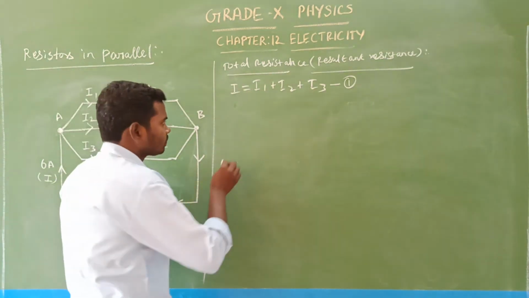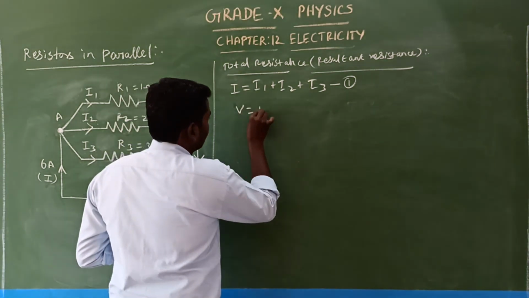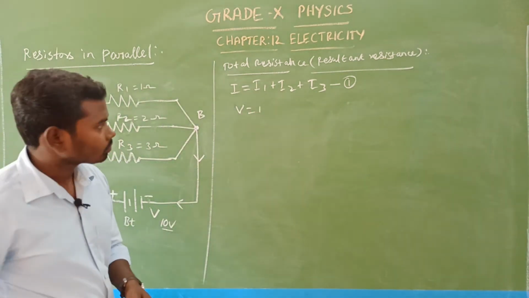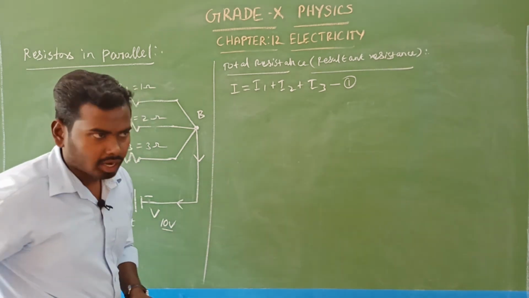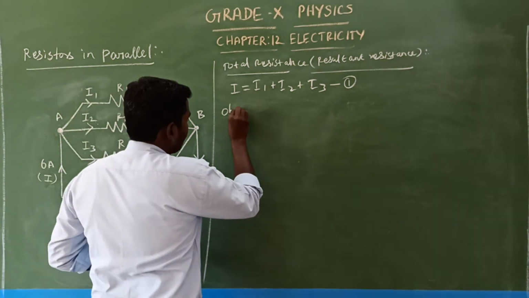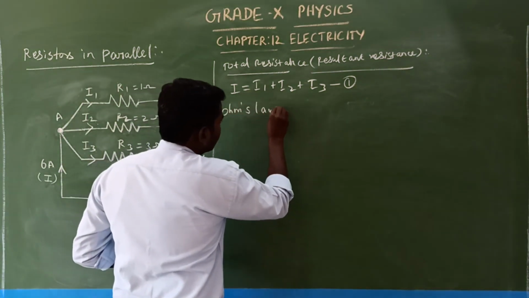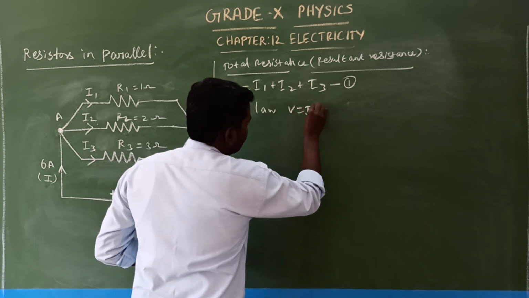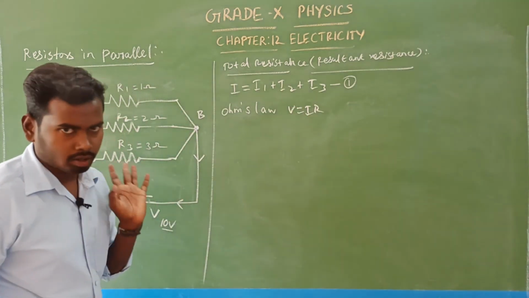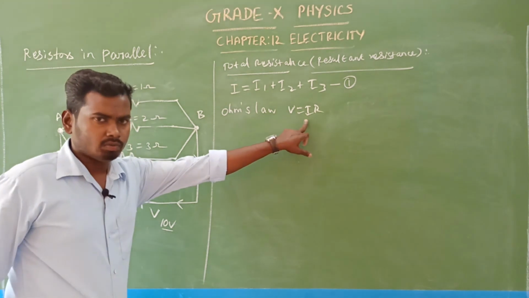According to Ohm's law, V equals IR. I'll write that. Isn't it? Yes. We need this I value.